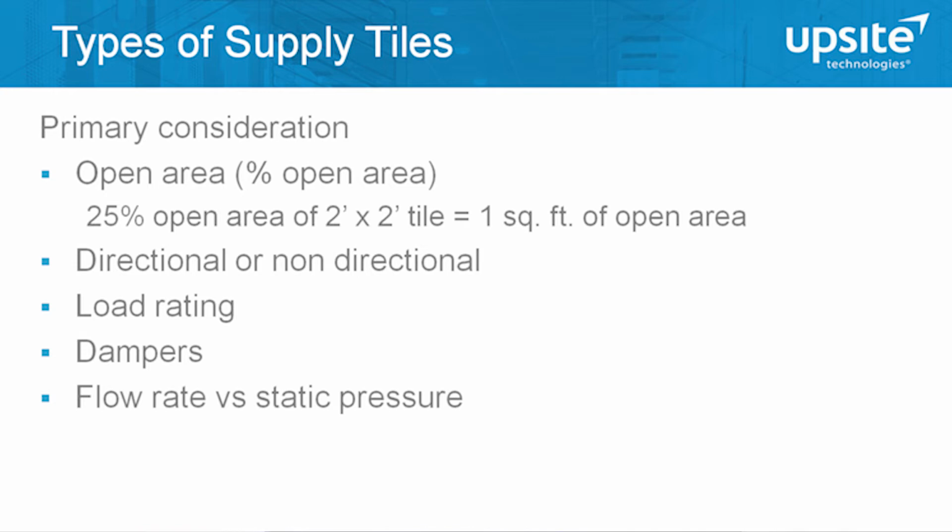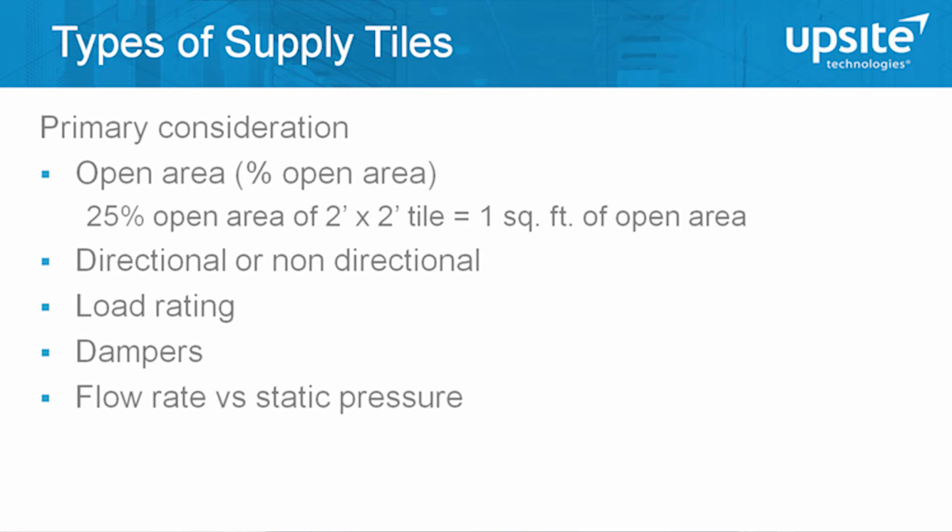Dampers are a controversial issue with supply tiles. There are some people that advocate absolutely no dampers because they tend to either move on their own through vibration or being loose, or if you give somebody an option to damper the tile, somebody's going to mess with the dampers in the room and cause problems. I would say that that's not a problem of the damper, that's a problem of the management of the facility.